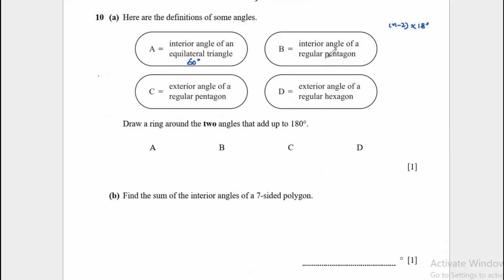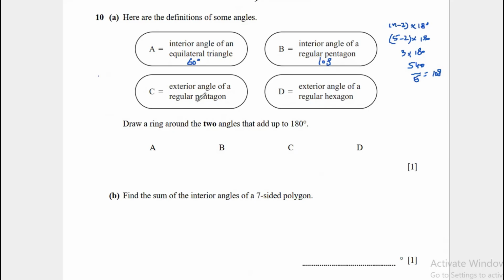So if we have a pentagon, 5 sides, 5 minus 2 multiply 180. So 5 minus 2 is 3, 3 multiply 180 is equal to 540. And we are looking at each interior angle, so 540 divided by 5 is equal to 108. So here we have 108.